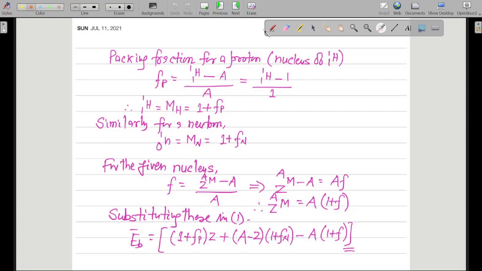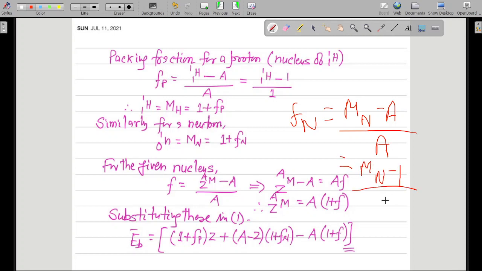Similarly for a neutron, you have the mass of neutron minus A divided by A. Now the atomic mass number of neutron is equal to 1. So (M_n − 1) divided by 1.